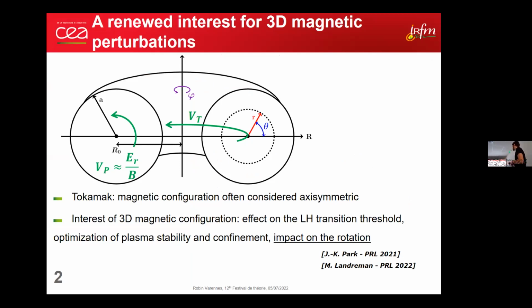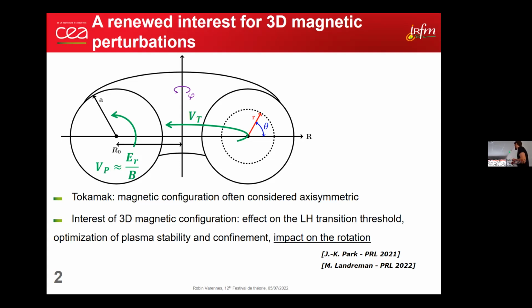Here is a sketch of a tokamak where I define the toroidal coordinates. In red is the radial coordinate, and then we have two angles: the poloidal angle, theta, and the toroidal angle, phi. We'll take a look at rotation in this talk, so I will define two useful quantities.